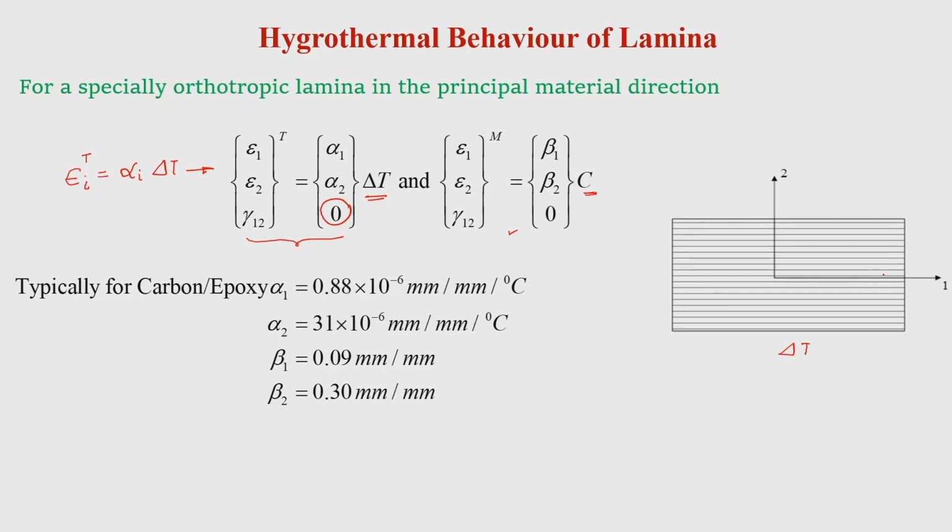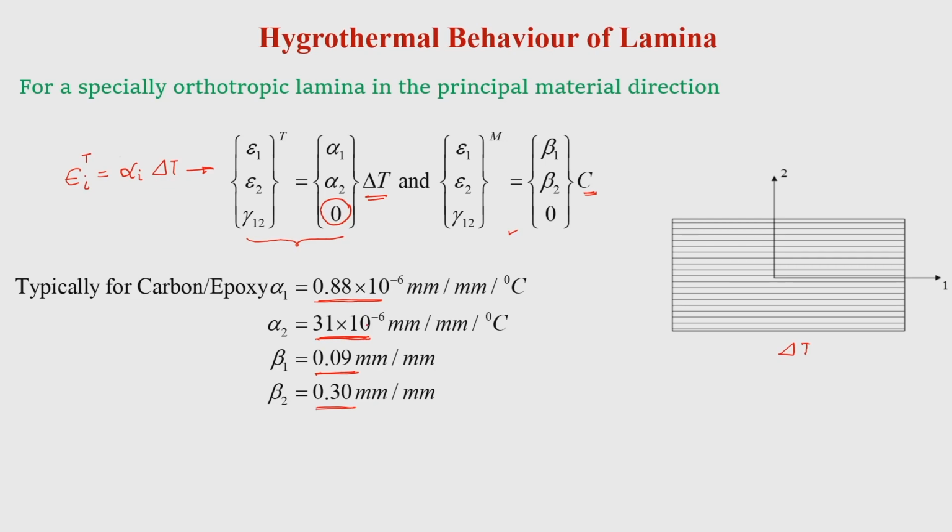Now, just to have an understanding of the typical value of, say, coefficient of thermal expansion for carbon epoxy, alpha 1 is 0.88 into 10 to the power minus 6, whereas alpha 2 is much higher, because this is matrix dominated. Similarly, beta 1 is 0.09, but beta 2 is much higher, 0.3.